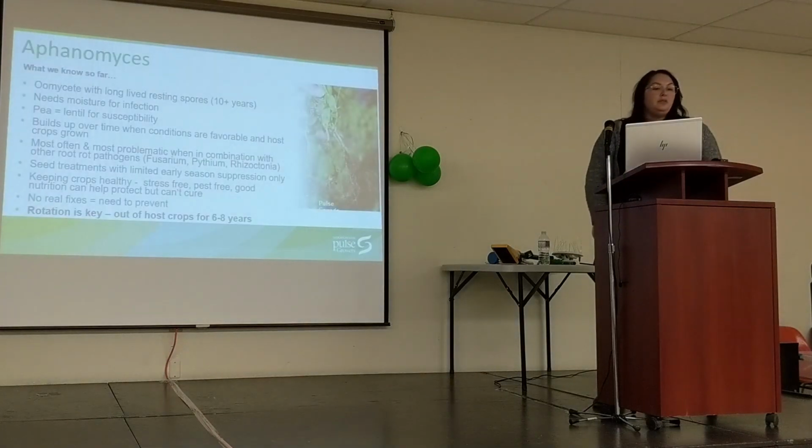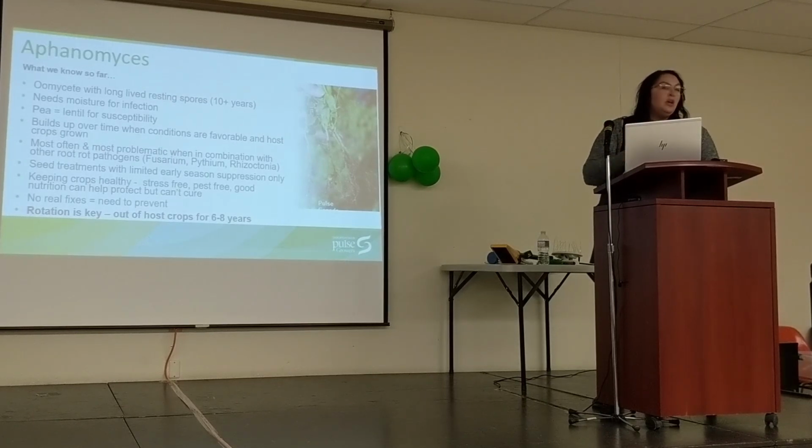And so what do we know so far? I've hit a few of these already, so I'll go through them quickly. Aphanomyces is an oomycete, can live in the soil for 10-plus years. I've heard 20 years from different researchers. We actually don't know the half-life of this zoospore yet. It needs moisture for infection, so when you have irrigated production, if you have a host crop present, this could become an issue.